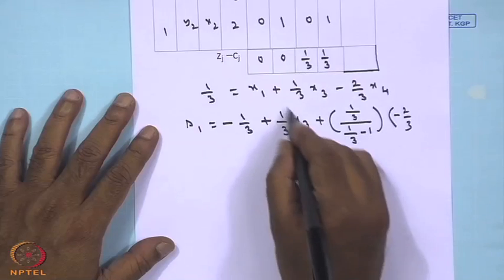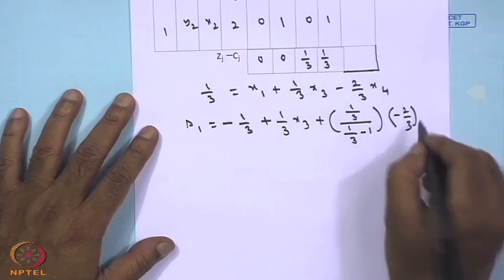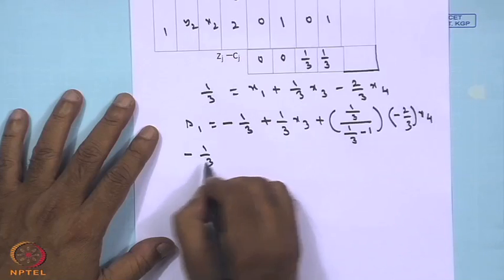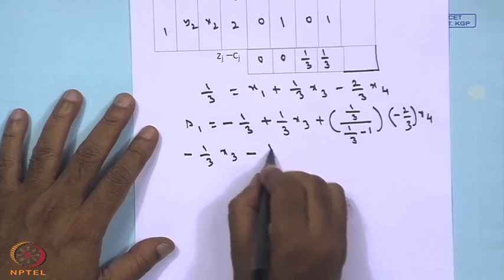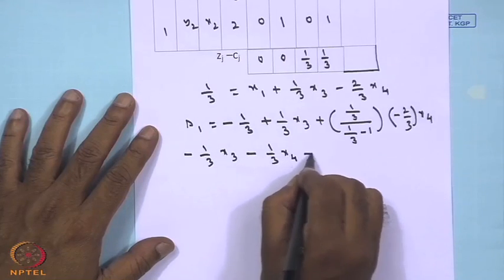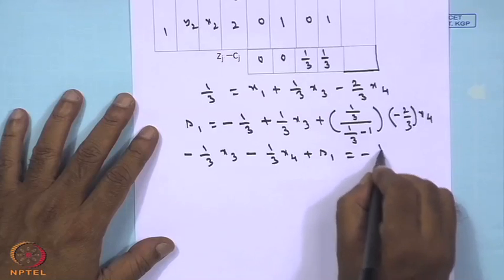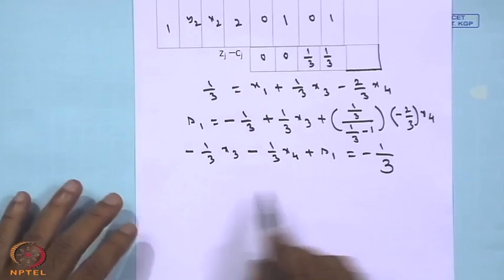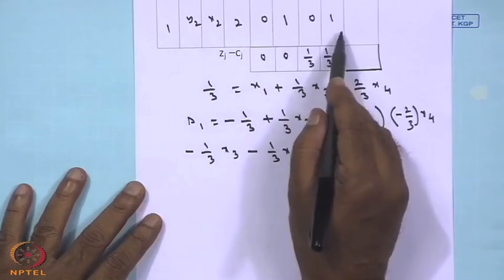So, this part has been added over here into x4. So, if you write it as minus 1 third x3 minus 1 third x4 plus S1 equals minus 1 third. So, this is another constraint, Gomorian constraint, you have to add on this table only.